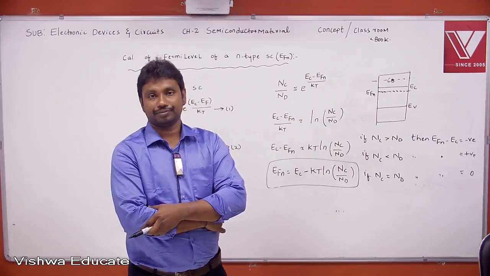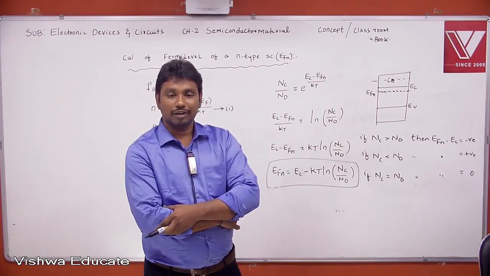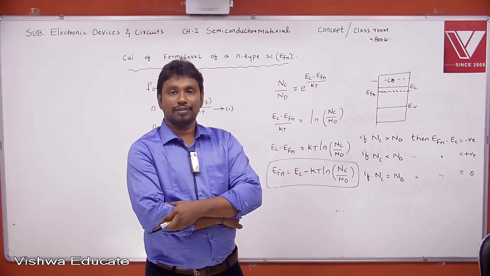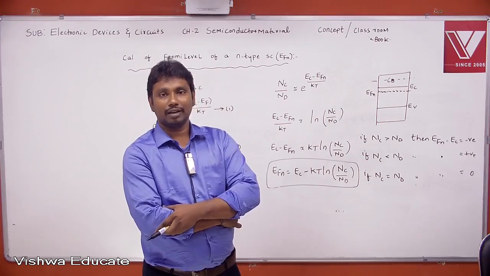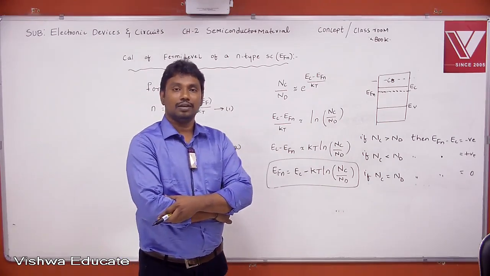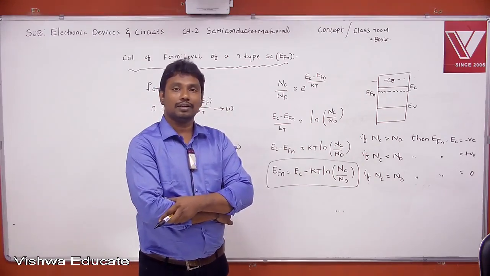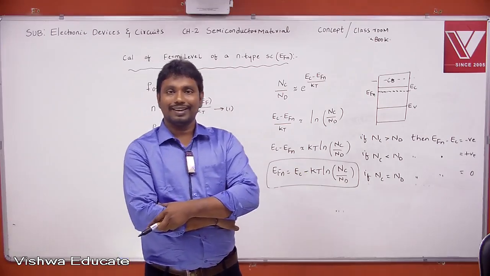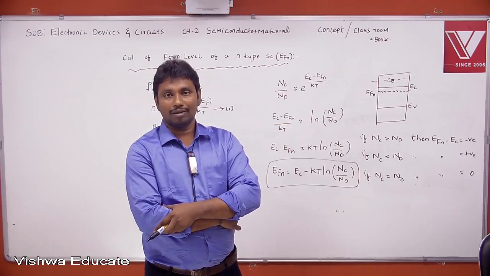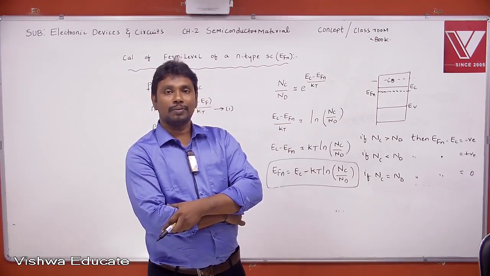Next point. The Fermi level lies below the conduction band. Such a semiconductor is called a non-degenerate n-type semiconductor or lightly doped n-type semiconductor.